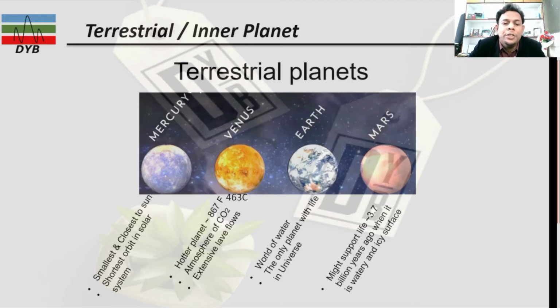Because of that, the surface of Venus is very hot. Then moving to the Earth, it's also called the world of water because 75% of the surface is covered with water, and it is the only planet with life in the universe. Probably life in other parts is also possible, but we are running experiments, and NASA is working very hard to look for life on other planets.